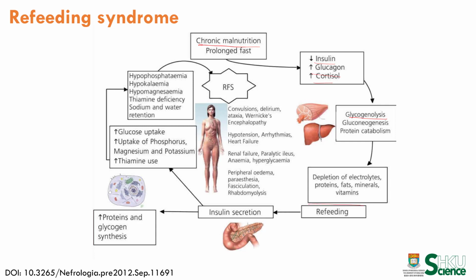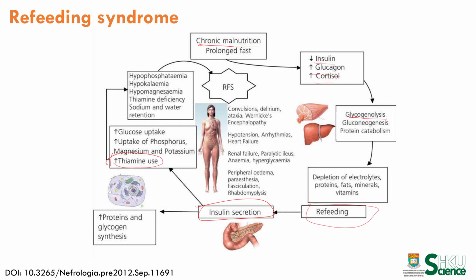Now, at the point where you treat this malnutrition and refeed them with adequate nutrition, the refeeding would induce the secretion of insulin, which will increase protein and glycogen synthesis, increase glucose uptake from the food, increase uptake of phosphorus, magnesium, and potassium, and increase the use of thiamine because now it has more glucose for energy production. This is where thiamine comes in.